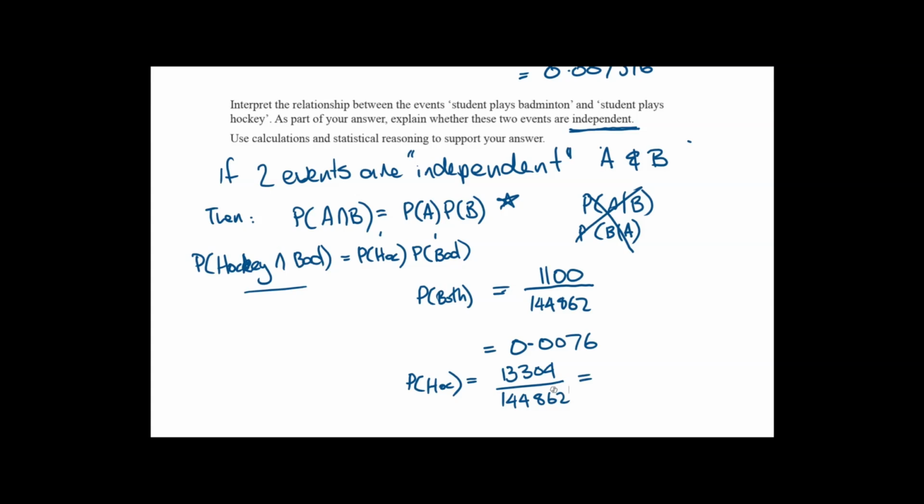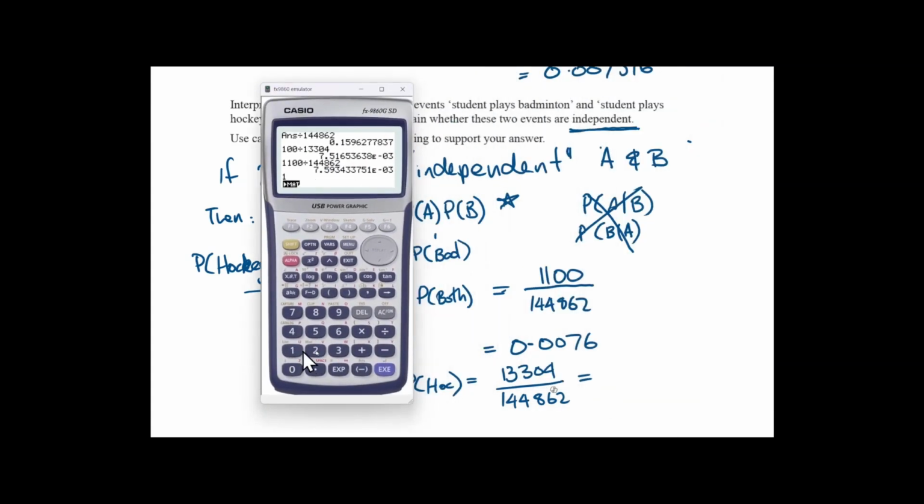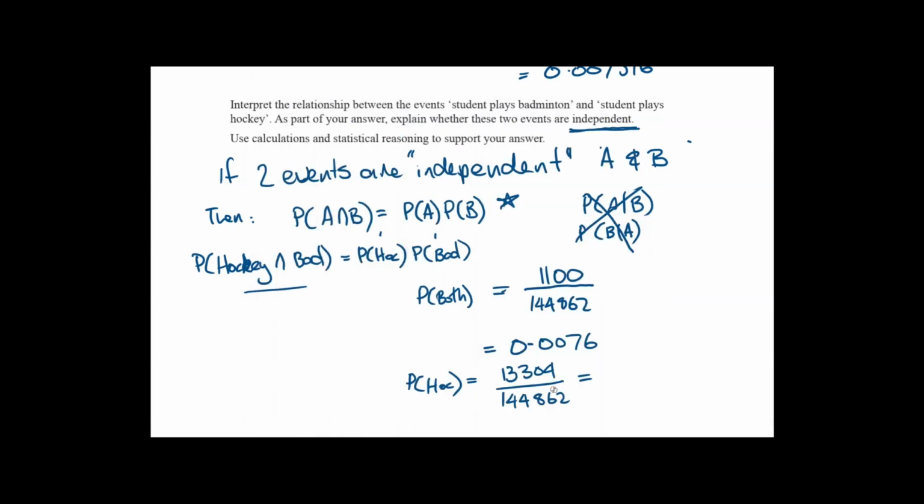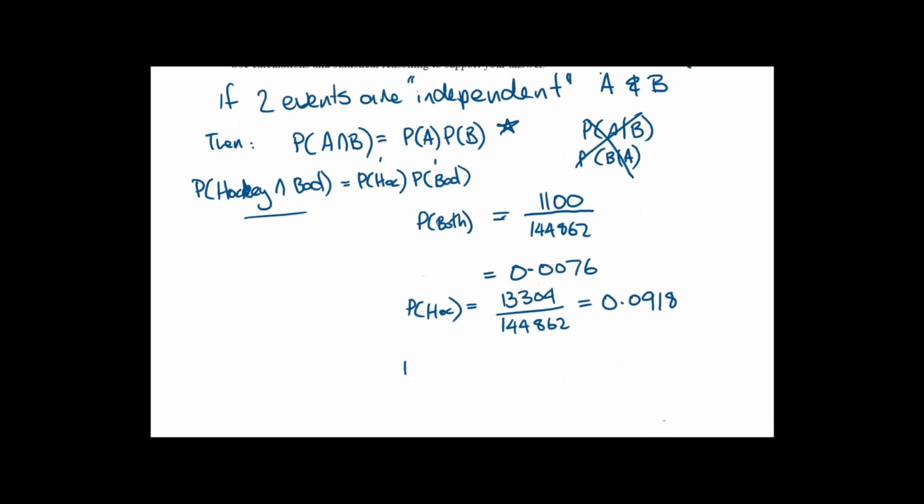Grab our calculator again. 13,304 divided by 144,862. I'm going to go to 4 decimal places again. So 0.0918.